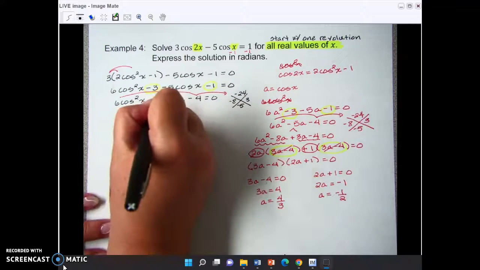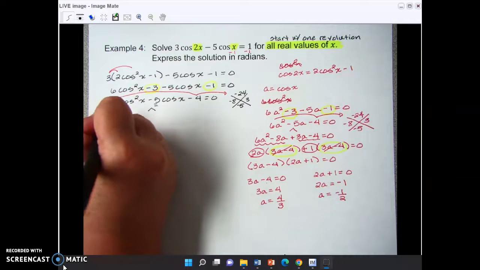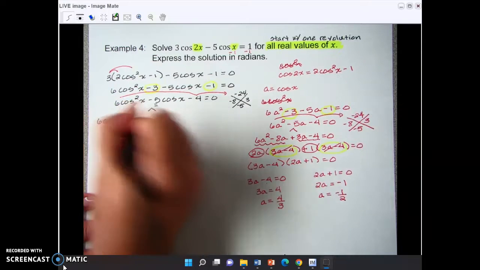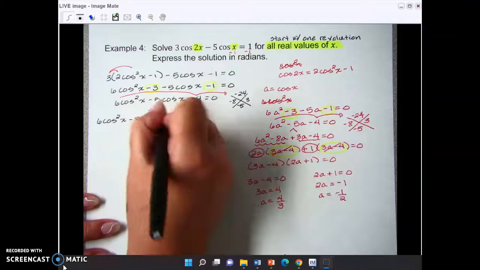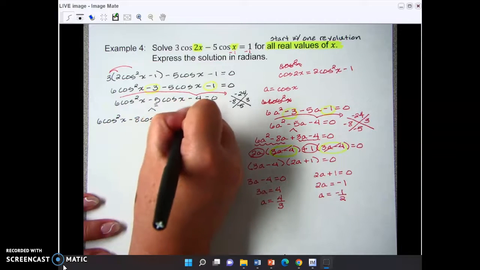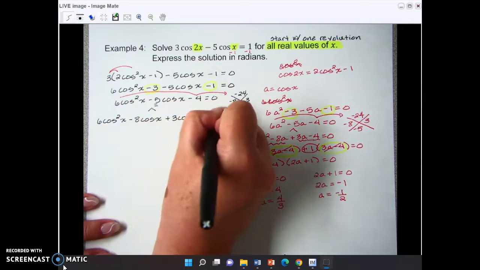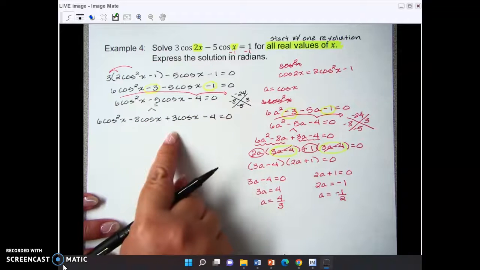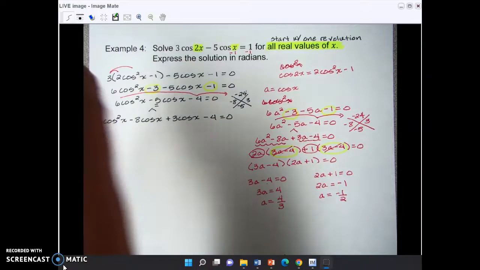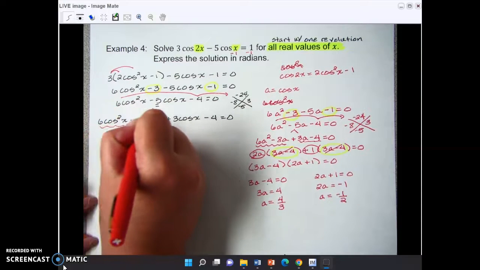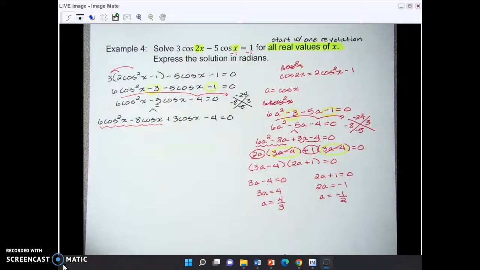And so we're going to split this -5. So we've got 6 cosine squared of x, then we have -8 cosine of x, we have +3 cosine of x, and then we have -4 equal to 0, just splitting up that 5 cosine of x into 2 parts. Then we're going to combine these two together and say, what do they have in common?